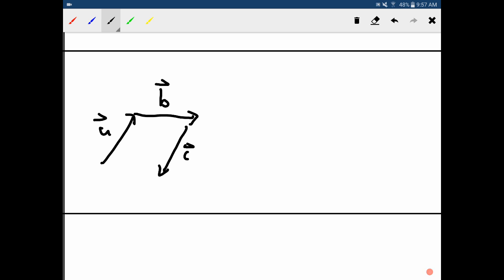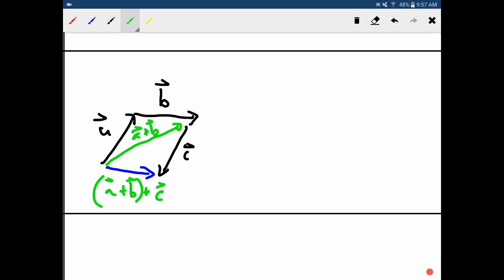So you can see it's giving me this vector here. Okay, that's A plus B plus C. But you can see that it doesn't matter if I had done the A plus B like that and then added the C, I would still get this A plus B plus C.